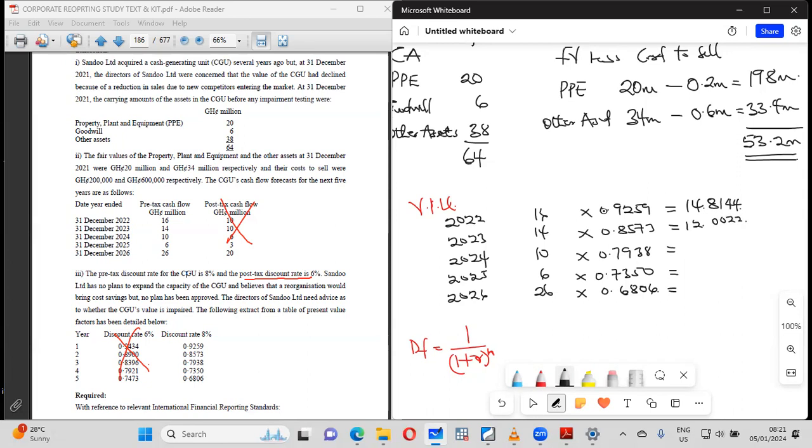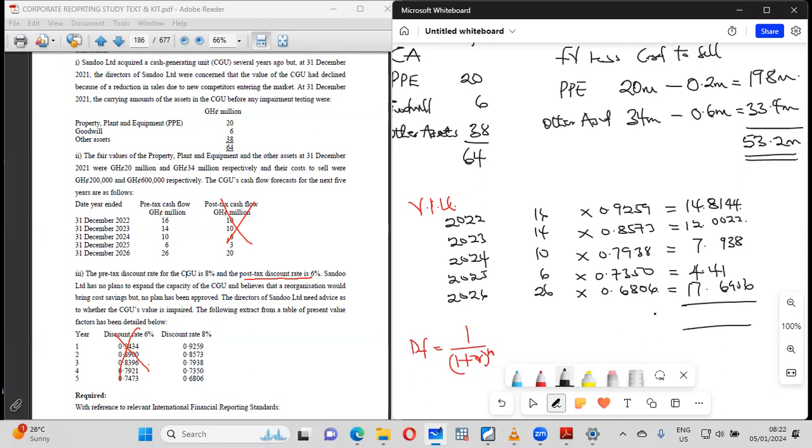Then 0.7938 multiplied by 10 gives me 7.938. Then 0.7350 multiplying 6 gives me 4.41. The last one is 0.6806 multiplied by 26, and that gives me 17.6956.